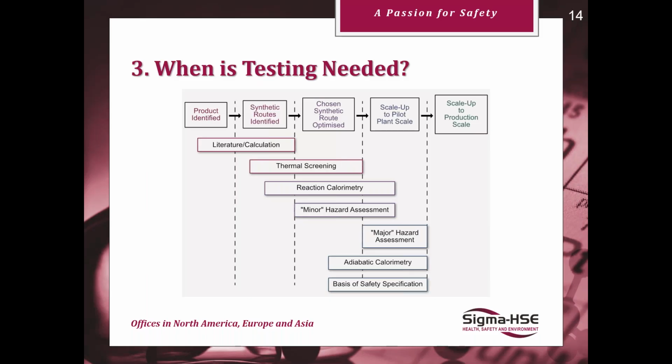So in early stages, knowing which kind of molecules that we want to produce, we can use literature, we can use simulations and calculations to identify any potential reactive hazards. And at this point, when we've got lots of candidate molecules, you can make a choice to avoid certain ones that may be high risk.